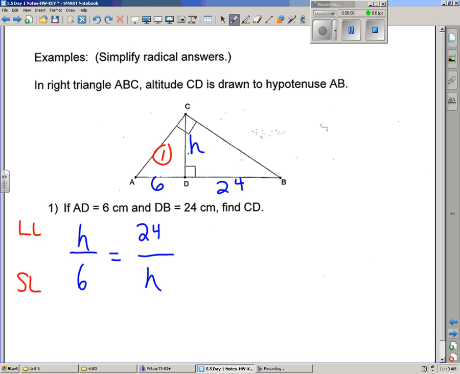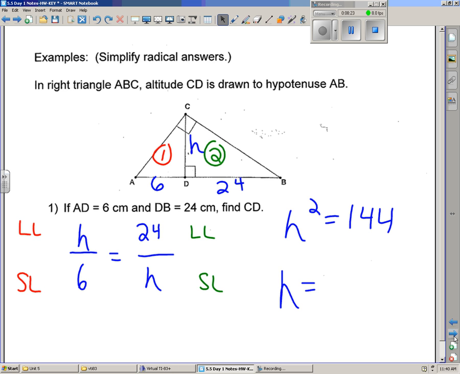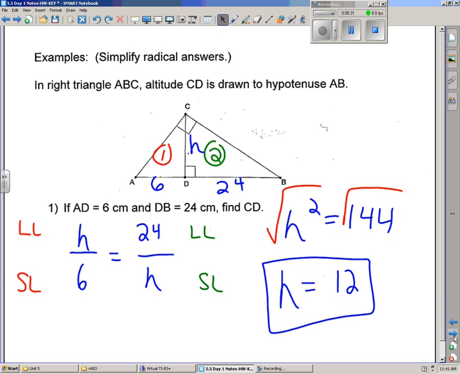If I now look at this triangle here, my 24 is my long leg, and the H is my short leg. You solve proportions by cross multiplying. H squared equals 144. What's H going to be? You have to square root both sides, and H is just 12. 144 is a perfect square. If you've got the calculator, life is good.